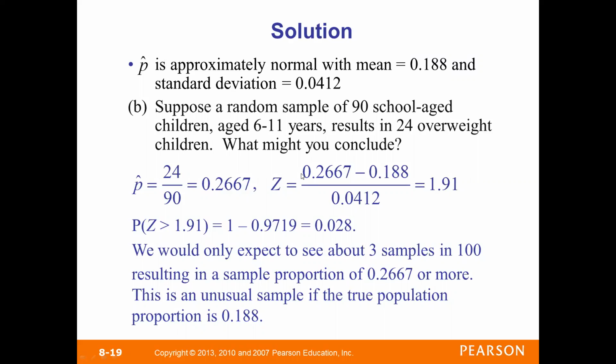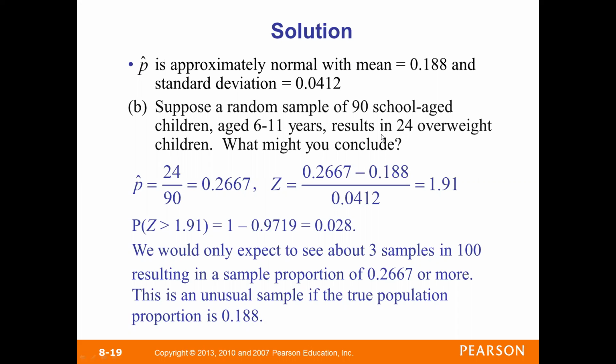So in other words, we figured out the sample proportion minus the mean over the proportion standard deviation of 0.0412 gives me my z-score.